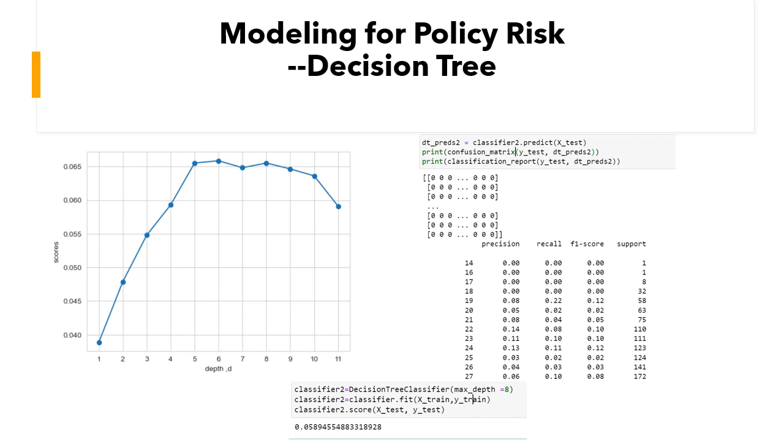The best depth was 8. I computed feature importance using the decision tree classifier. And for this one, the score is 0.059. It's not a good score for the predictions.